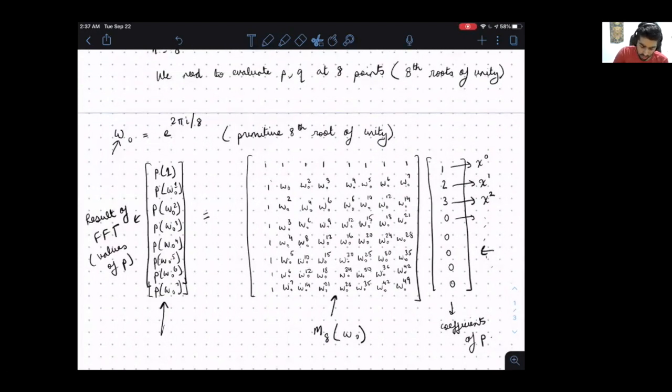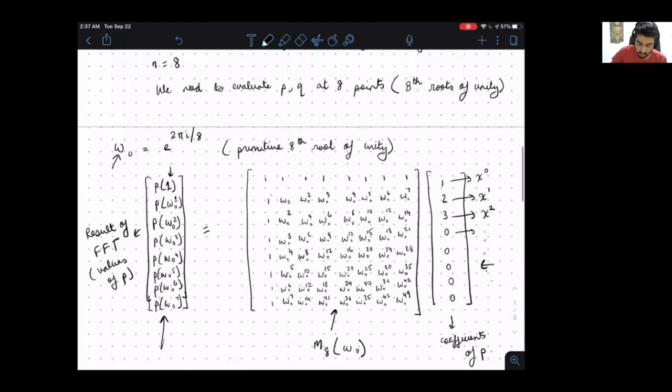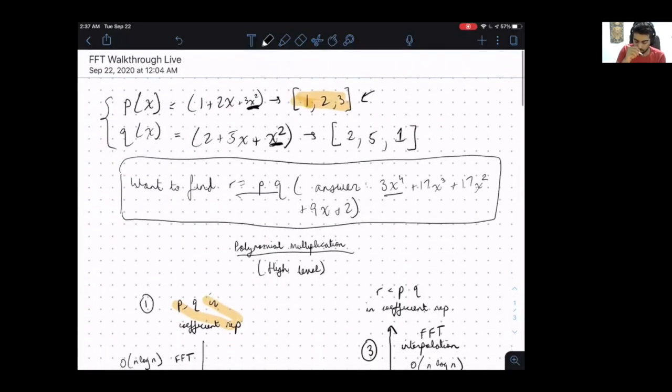If we want to evaluate the polynomial p at the point x equals 1, so that's this first point over here, let's go back to p. When x equals 1, p of 1 is just going to be 1 plus 2 times 1 plus 3 times 1 squared, which is going to be 6.